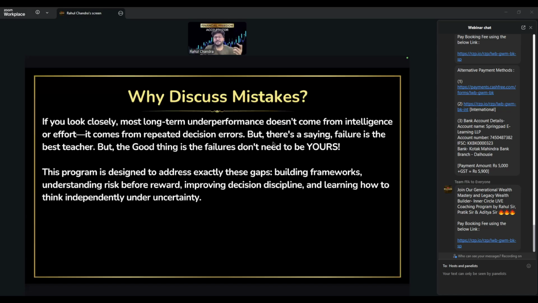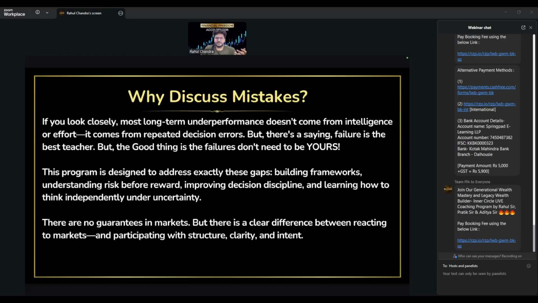Always have a strategic and systematic framework, and learn how to think independently under uncertainty. This is something we are trying to cater to across these two programs. And hopefully, if you give us time, if you are open to it, if you put in that effort, this is what we'll be able to do for you as well.